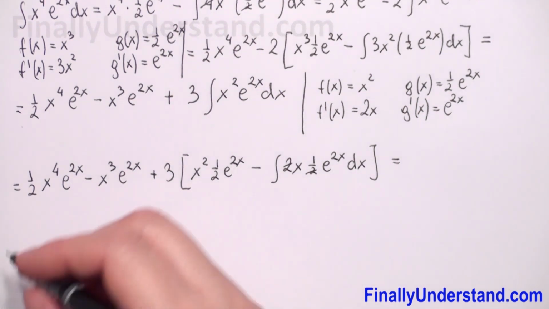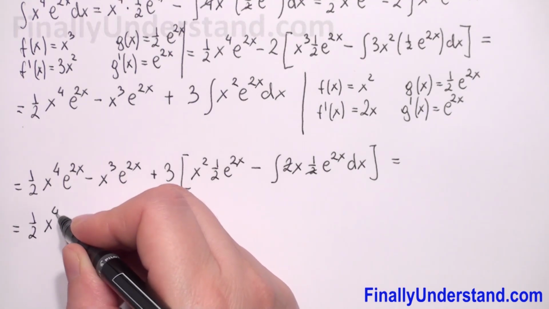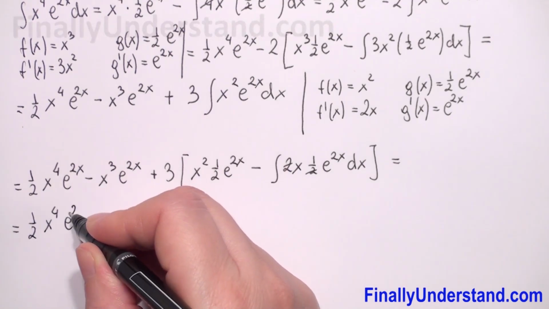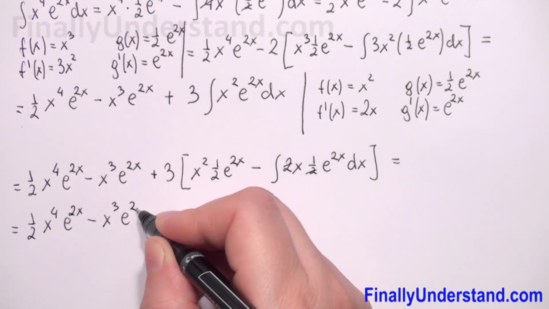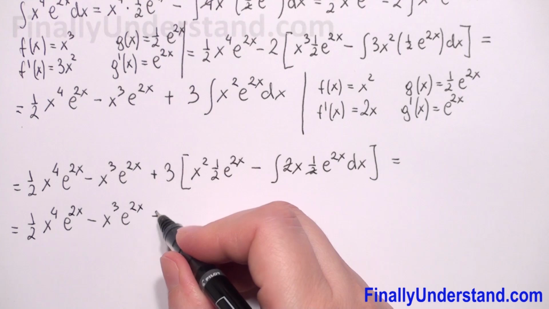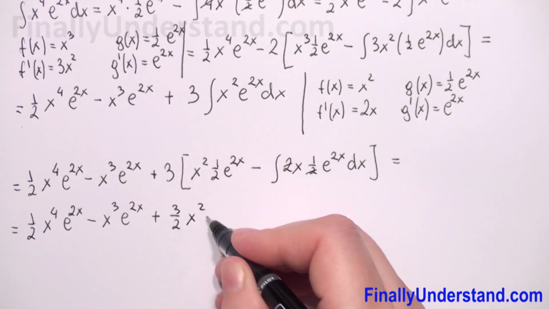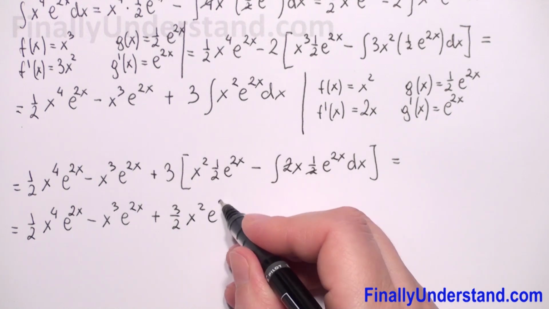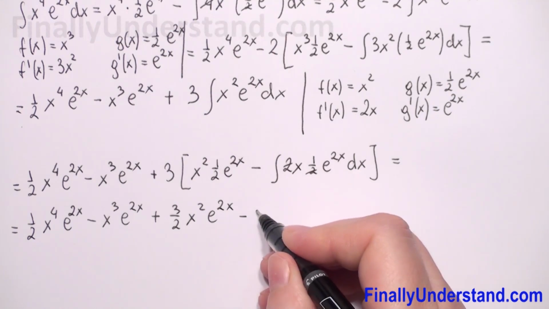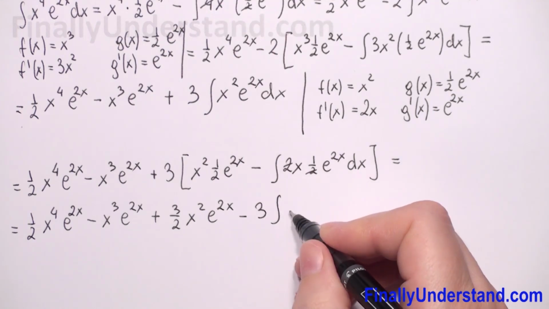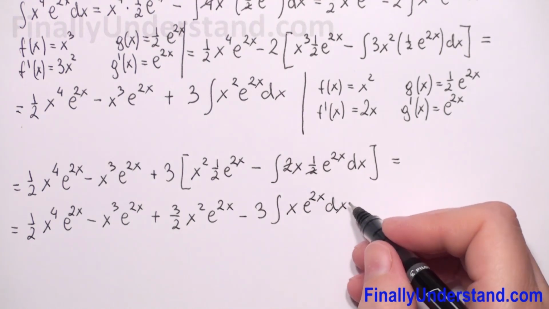The beginning we need to copy, so we have 1 over 2 x to fourth power e to power 2x minus x cubed e to power 2x plus, and we will have 3 times 1/2, which is 3 over 2 x squared e to power 2x. 3 times negative 1 is negative 3 integral of x e to power 2x dx.